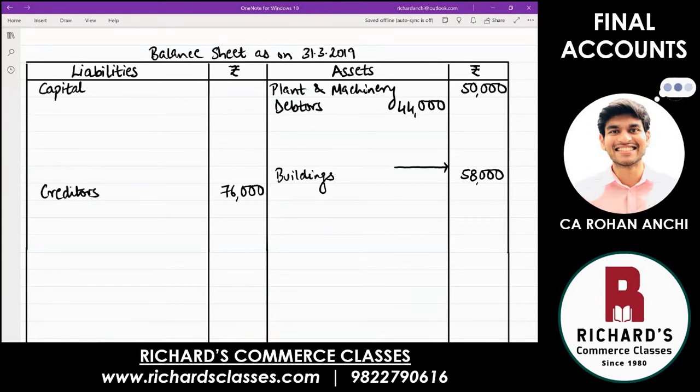Next, motor van. And motor van has an adjustment of depreciation. Below in additional information, if you see point number 3, there is depreciation at 10% on motor van. So this one we will write in the inner column. Continue on the asset side, below building, motor van, 40,000 in the inner column, and leave 1 line.